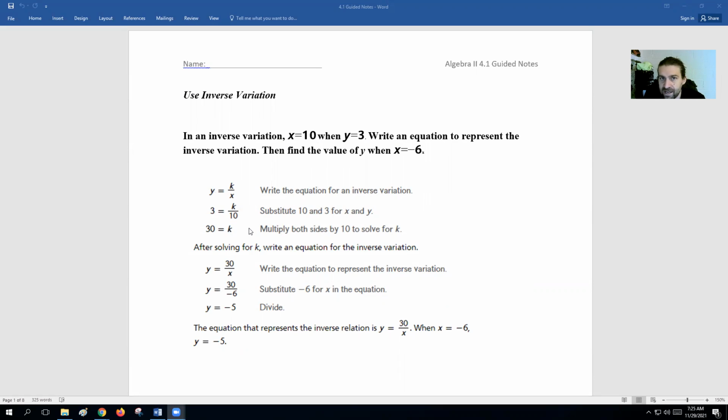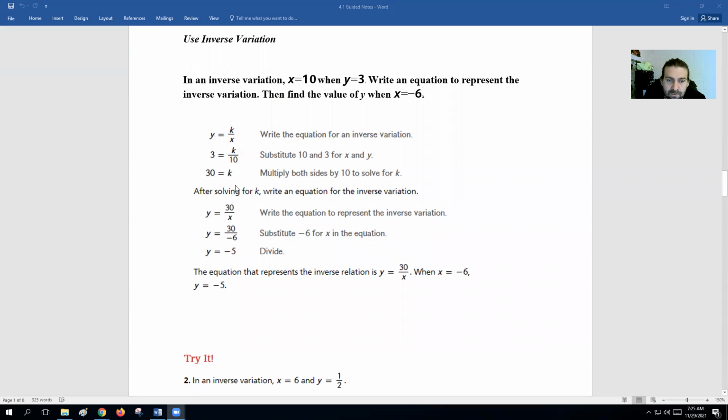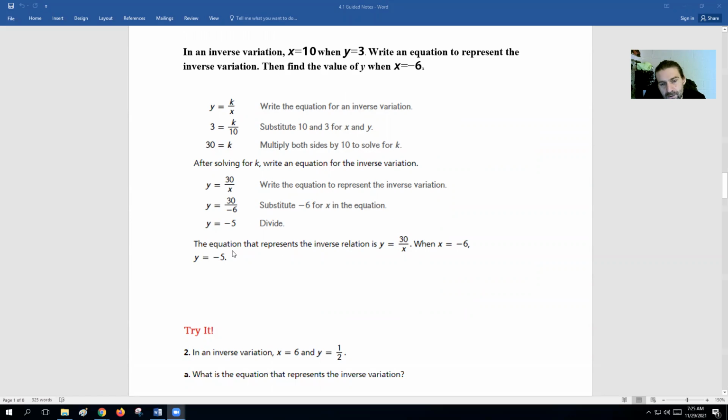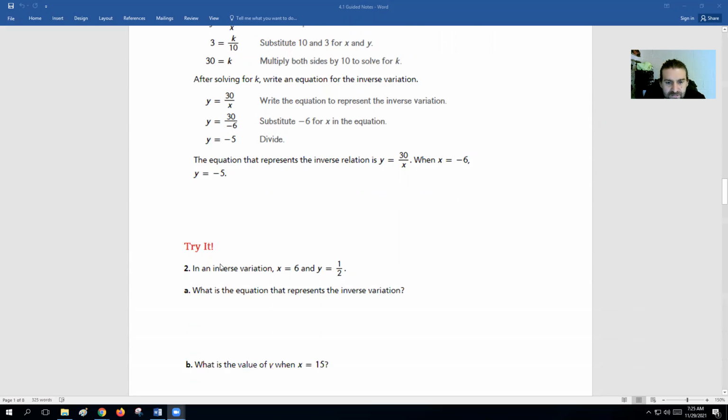So our k, or our constant of variation, is 30. We can then plug that back into the inverse variation: y equals 30 divided by x. If we wanted to figure out what y is when x equals -6, we just plug that in, and we figure out that y has to equal -5.